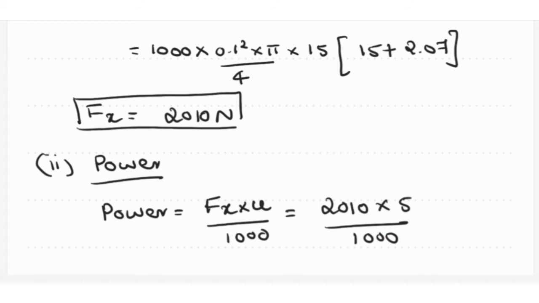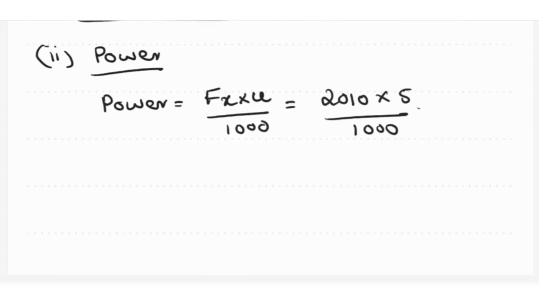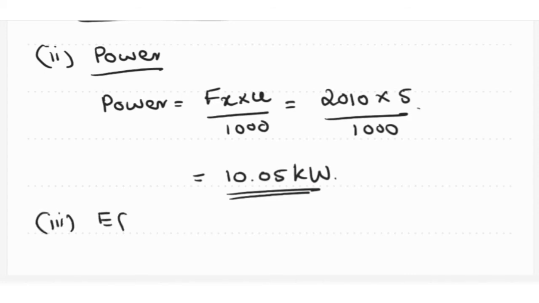So we will get around the value is equal to 10.5 kilowatt. So moving on to the third one, the efficiency.